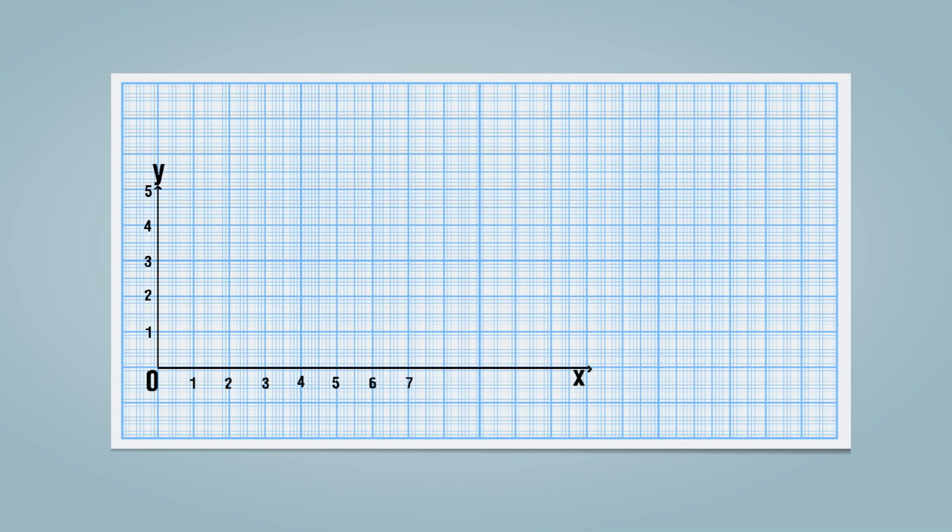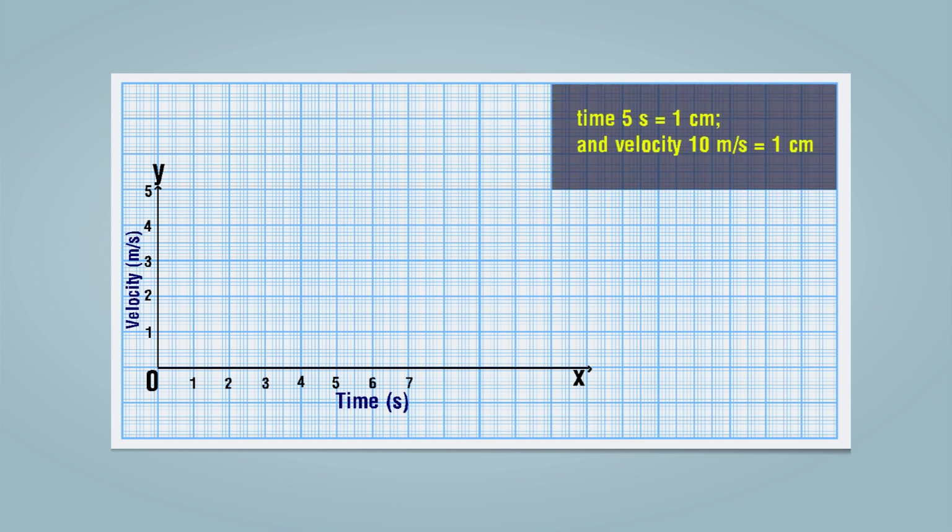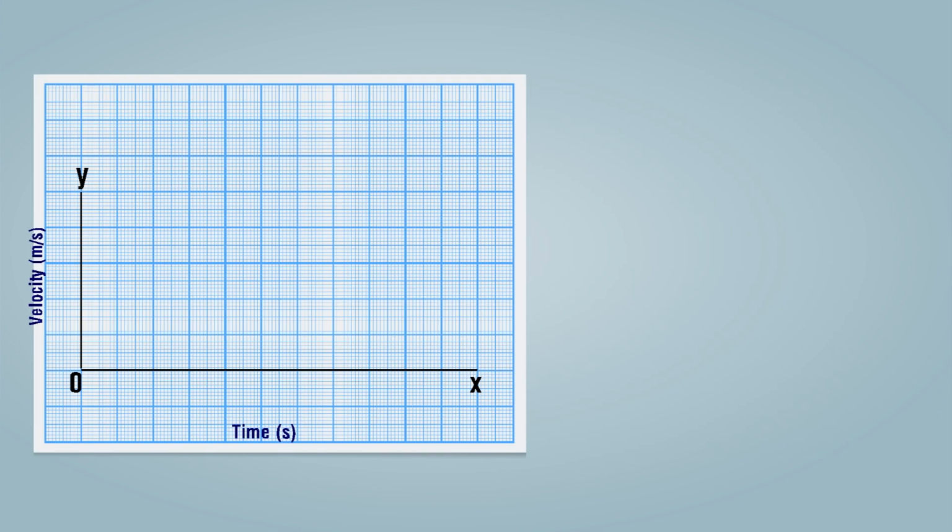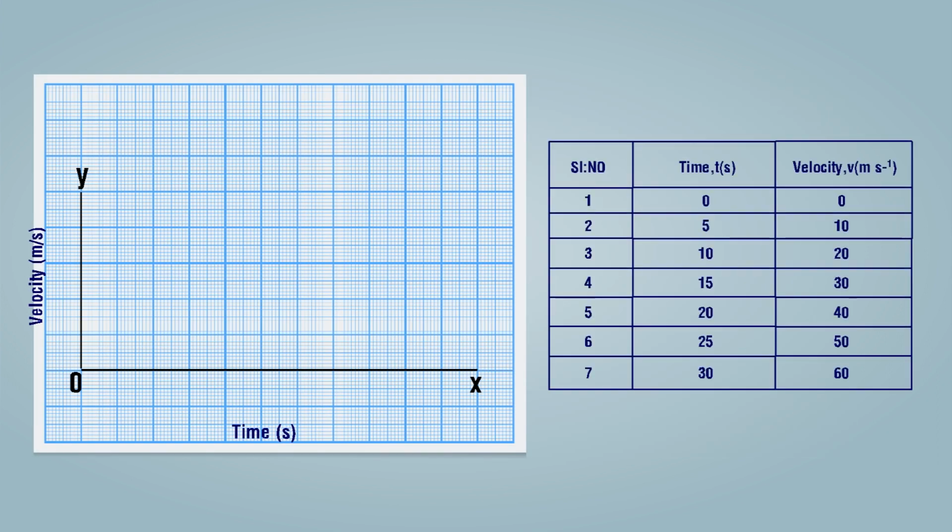Now choose which quantity will be displayed along the x-axis and which along the y-axis. Conventionally, the x-axis represents time and the y-axis represents velocity. Select an appropriate scale based on the available divisions on the two axes and the ranges of the provided velocity and time data. According to the scale you have chosen, mark values for the time and the velocity on the respective axes.